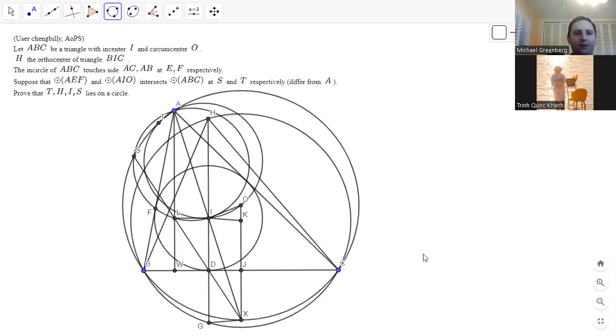I don't know if I've ever seen an inversion like that before. DB times DC. So yeah, H goes to G and S goes to X. It's an interesting idea. Yeah, because both the circles have the same power from D. It's kind of interesting. So S goes to X.